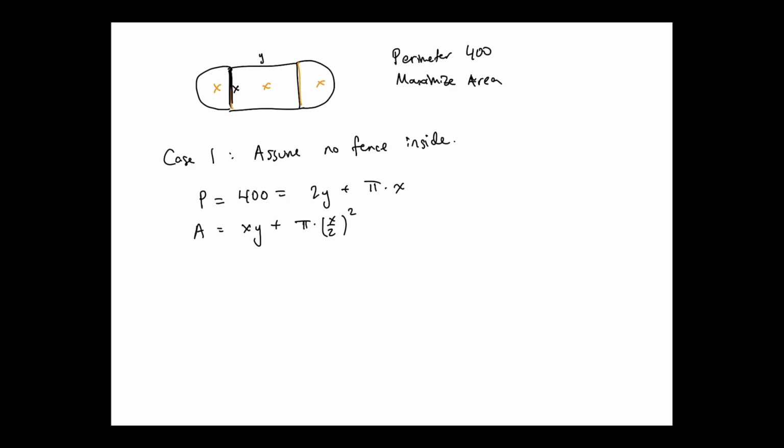Okay, so we need to solve the perimeter expression here for one variable in terms of the other, and in this case, I'd rather solve for y. So y would be 200 minus pi halves x. Yes? Okay, so substitute that in for y in our area formula.